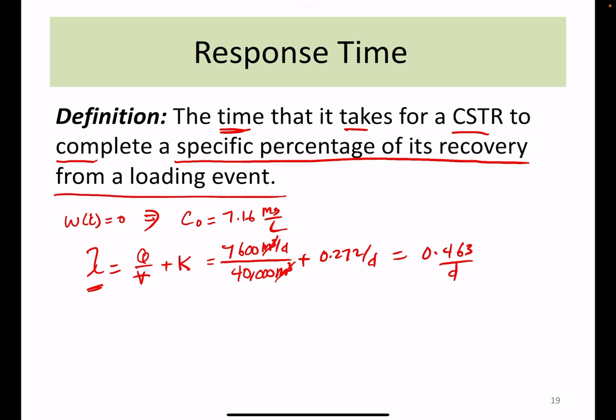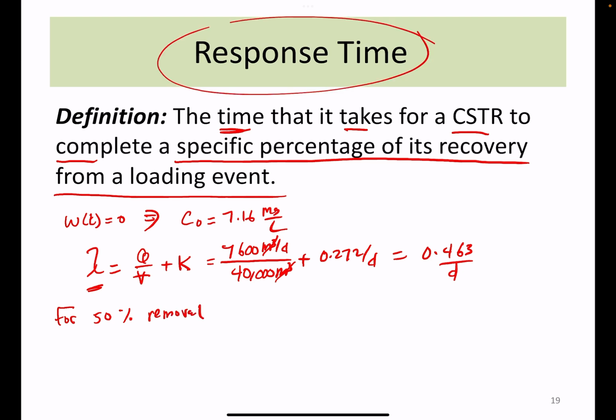Let's say we are looking for 50% removal, and that is the response time, which means we can use the equation C(t) equals C naught e to the minus lambda t. C(t) is 50%, so it's 0.5 C naught equals C naught e to the minus lambda t.